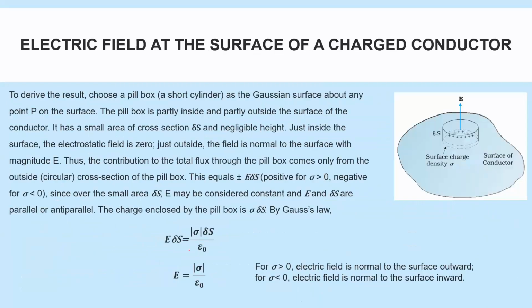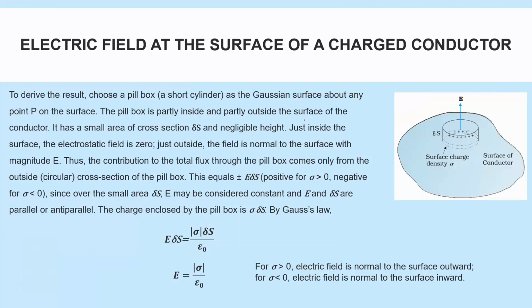Now if we want to find the electric field at the surface of a charged conductor, we saw that the electric potential will be different at the surface and at a point outside the surface. Inside the conductor the electric field is 0.